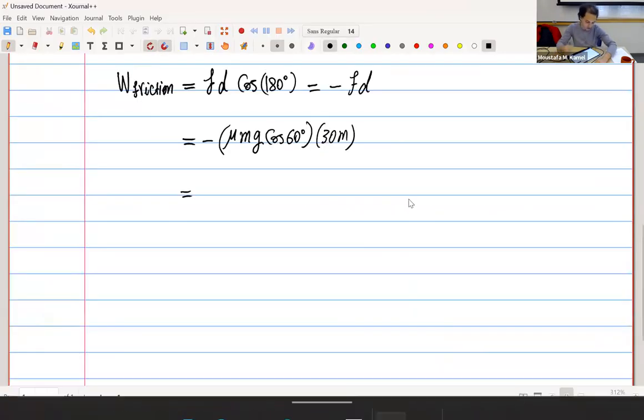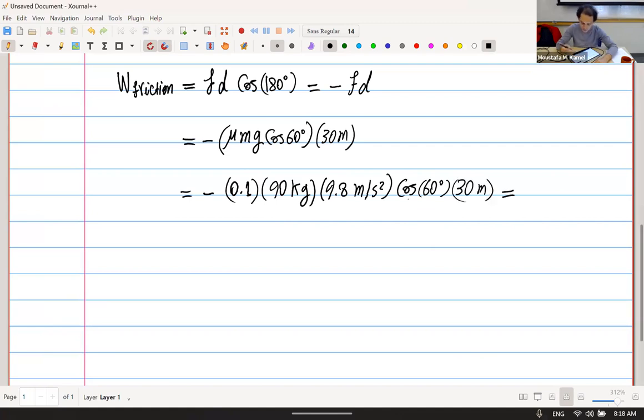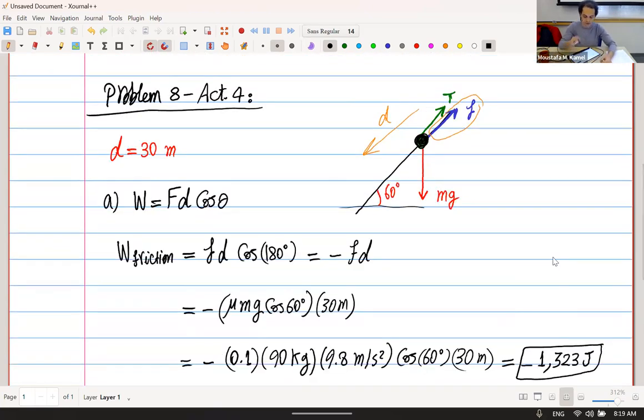Okay. So this is basically negative 0.1 times 90 kilograms times 9.8 meters per second squared, cosine 60, times 30 meters, which is some negative number. 1,323 joules. Okay, so this is the work done by friction. It is negative because friction is pointing up the ramp. Displacement is down the ramp, so it's trying to oppose the motion.